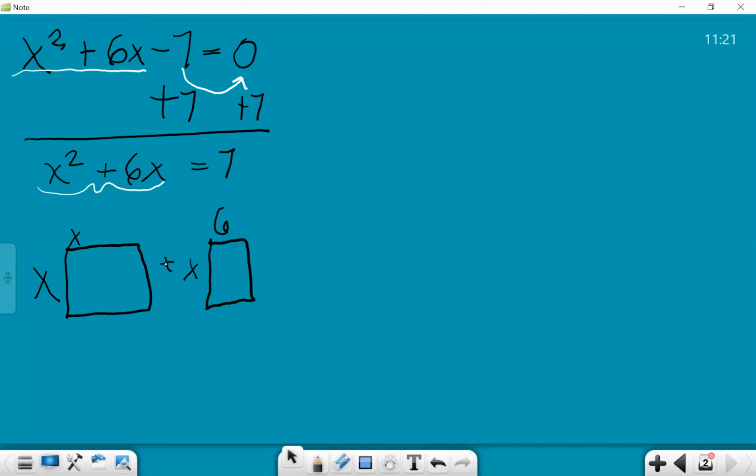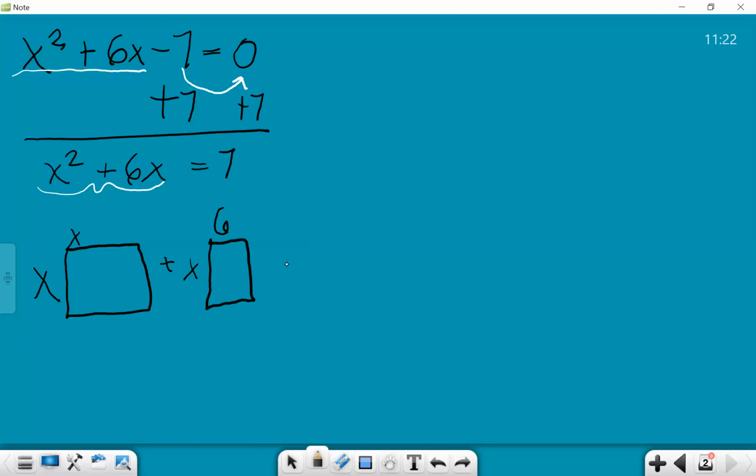Okay, so we're adding the area of x squared to the area of this rectangle, which is 6 by x. And you can tell that when you have them next to each other, if I were to try to smush these two together, they would not look like a square.